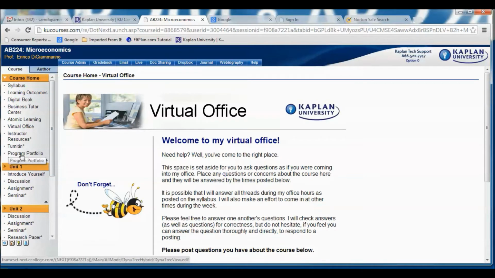This does not appear on your page. This is something for faculty, but I want to mention it to you. This Turnitin is a source for me as the instructor to send papers to see if people have plagiarized. In other words, copied their paper. Maybe they've decided to go to, what is it, termpaperwarehouse.com and copy down a paper from there and try to submit it for their research paper.